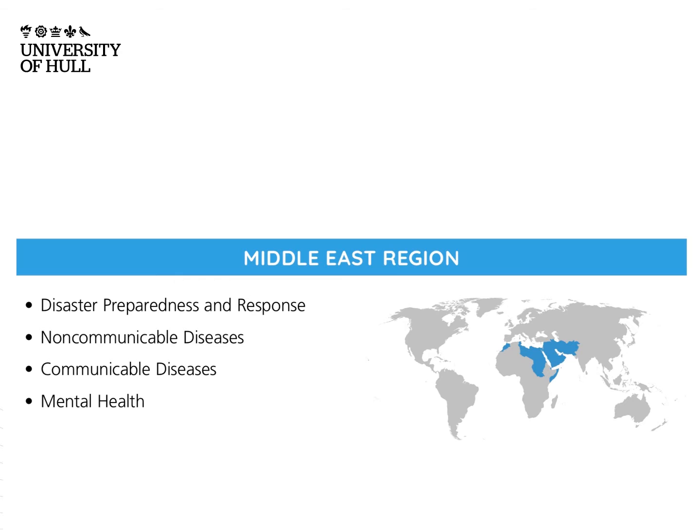And the Middle East region: disaster preparedness and response. There's a great many problems with natural disasters here. Non-communicable diseases, communicable, and then mental health. Not such a problem with, for example, substance abuse here, because alcohol is largely either banned or very unavailable, and they have very tight controls over the use of substances like illegal drugs, although it's not unknown, it's not such a priority there.